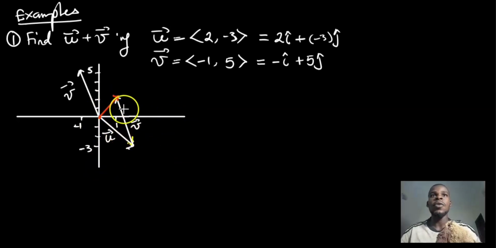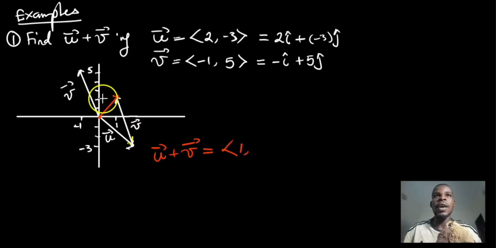We could read that easily by saying this is 1 on the x-axis, that is the sum of these two vectors. We'll say vector u plus v is 1, and then we have 2. This is 2, right? So this is the vector that we've been looking out for.